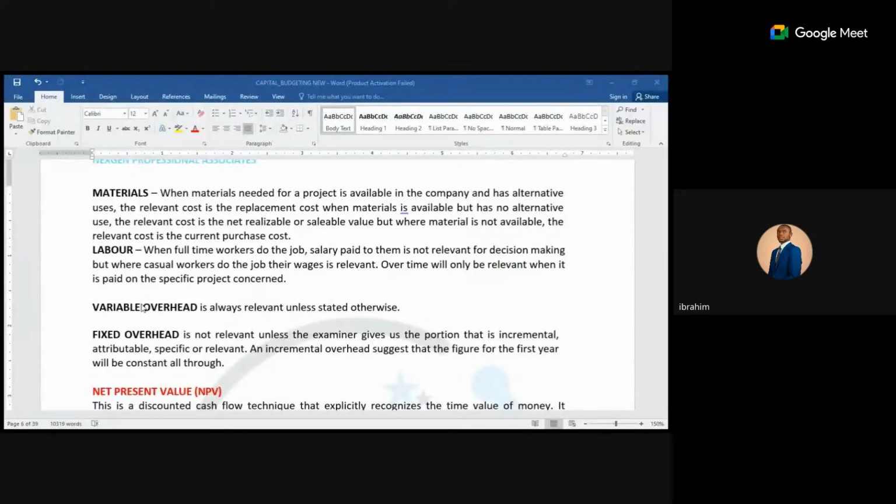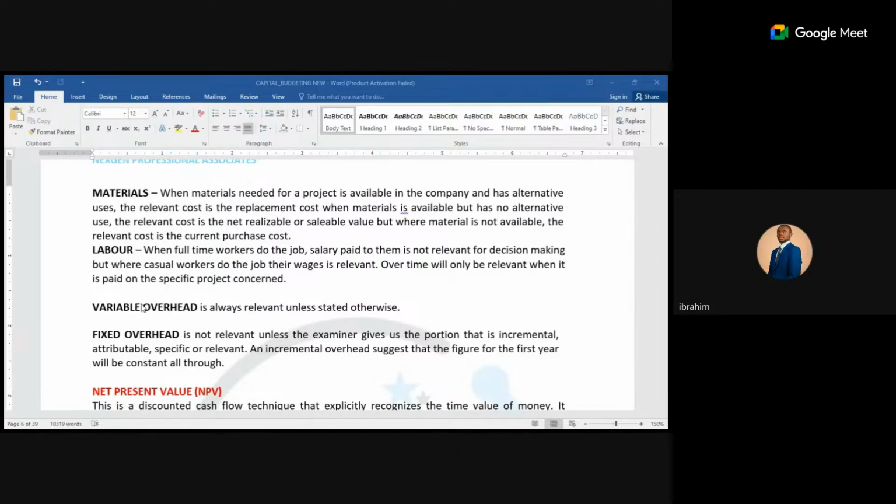But when material is not available at all, the relevant cost is the current purchase cost. What is current purchase cost? The current market value of that material in the market becomes the relevant cost, right? Please take note of these three items.